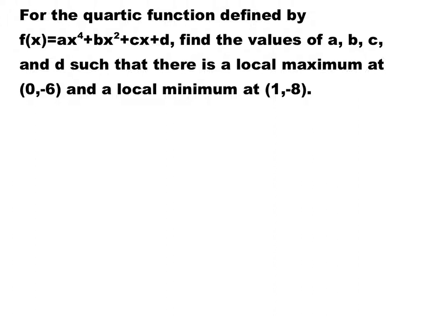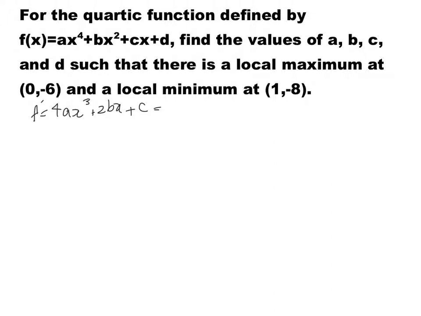This means that I have to find the first derivative of f of x. So f prime is 4ax cubed plus 2bx plus c. Now this has to be equal to a cubic function.